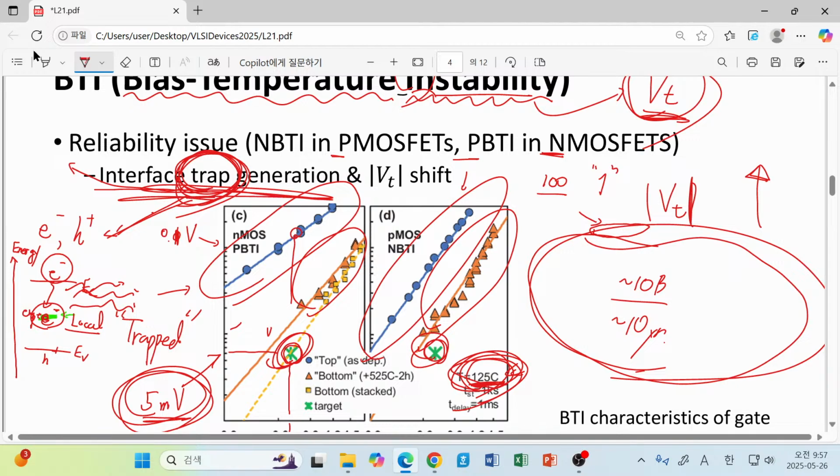Many people say that in the case of a silicon dioxide layer, there is silicon and oxygen, and they are connected by bonding. And in some cases, the bonding is broken.